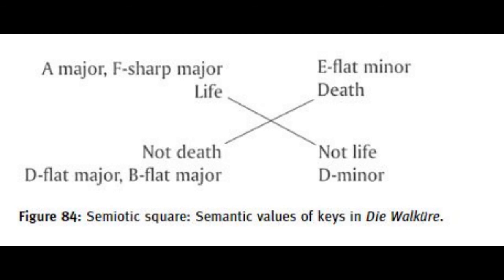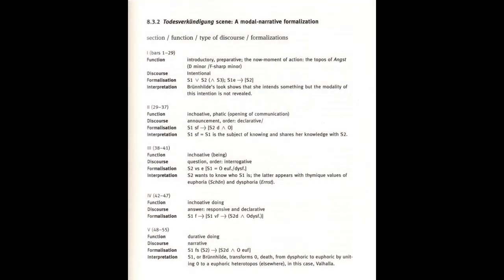And then the whole scene itself has been studied. I have segmented it, so to say, or put it in smaller sections here, numbered them, and then portrayed each section according to its narrative function, according to its discourse type, whether it is declarative, meditative, prophesizing, or ordering.